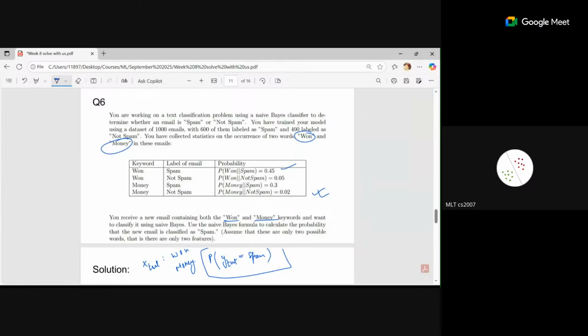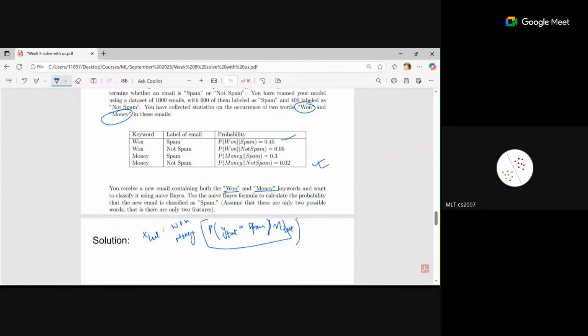What the question asks is, use the naive Bayes formula to calculate the probability that the new email is classified as spam. So what is the probability of y test is spam given my x test, right? This is what we have to figure out.